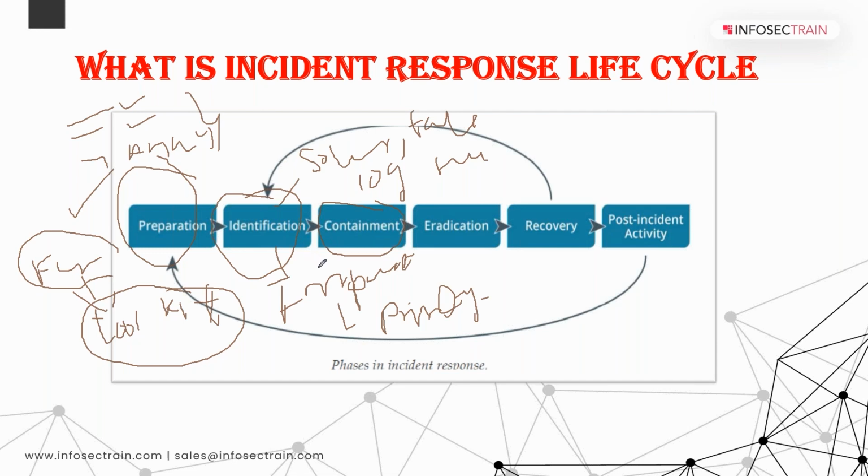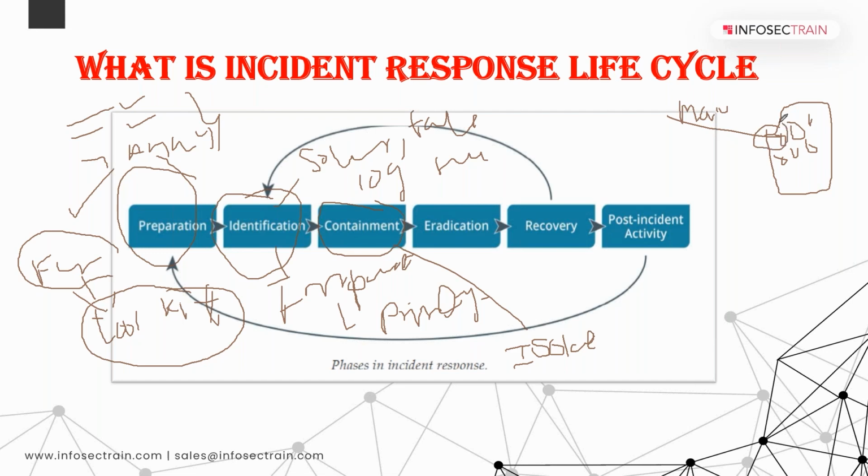Containment, the name itself, means isolation, guys, preventing further exposure. Let's say this is an organization with multiple client workstations and systems, and one system got infected with malware. What will we do?